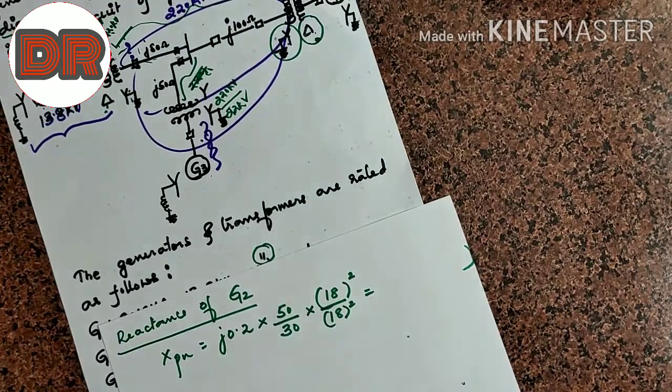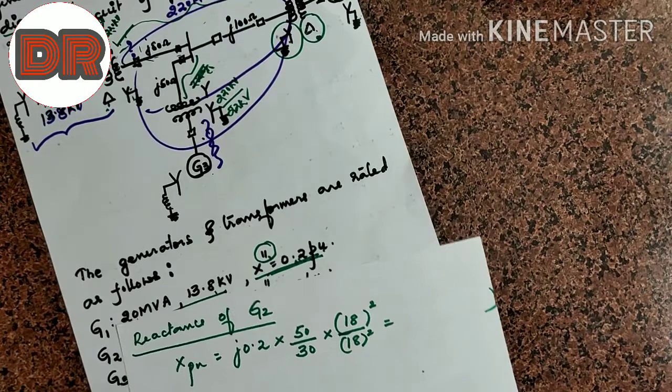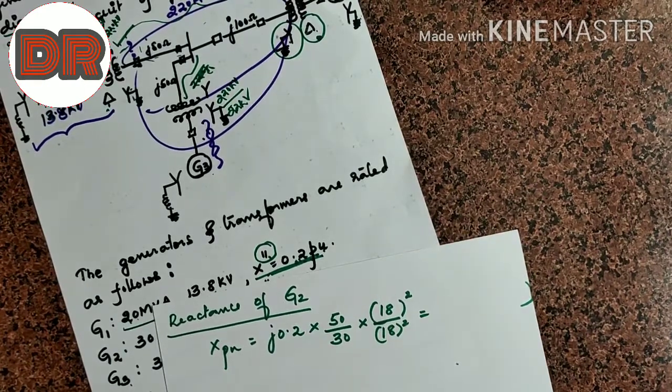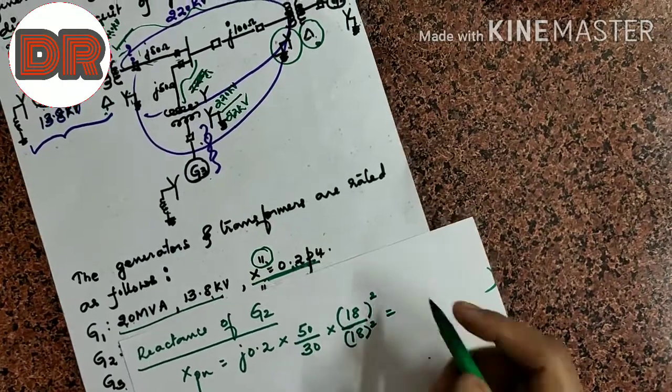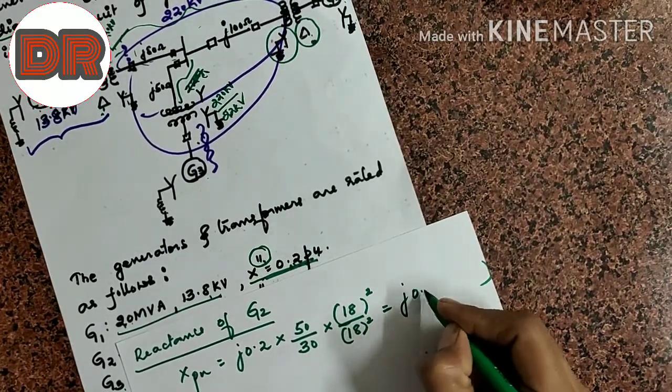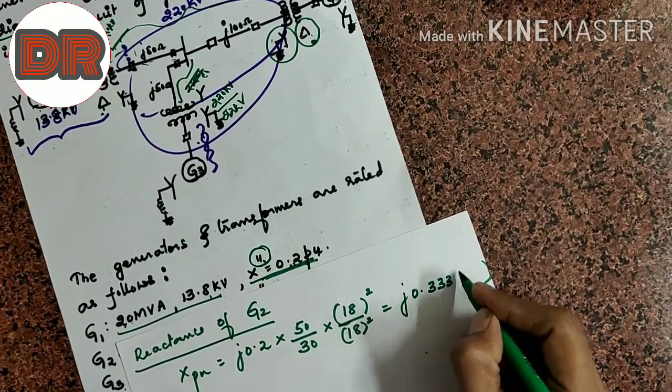So how much is this? We'll get j0.333. Let me calculate. Yeah, so it is j0.333 per unit.